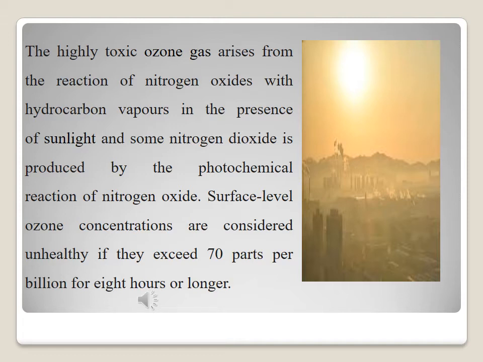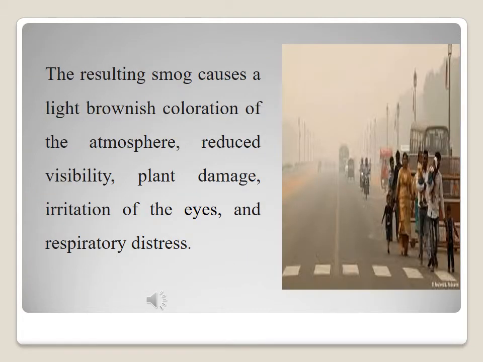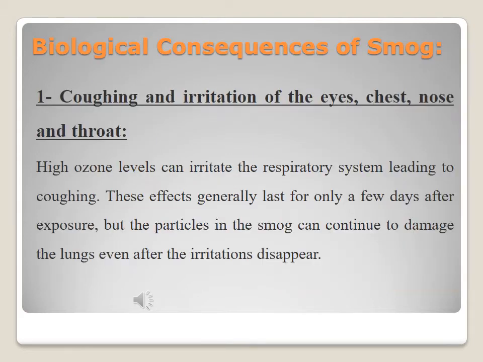Surface level ozone concentrations are considered unhealthy if they exceed 70 parts per billion for 8 hours or longer. The resulting smog causes a light brownish coloration of the atmosphere, reduced visibility, plant damage, irritation of the eyes, and respiratory distress. Now, let's have a look at the biological consequences of smog.